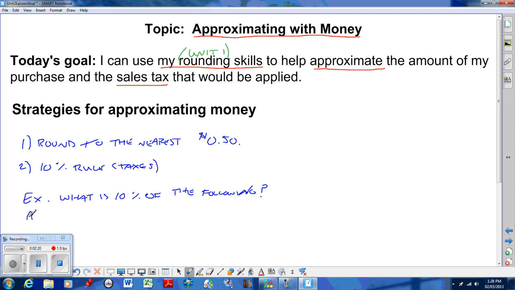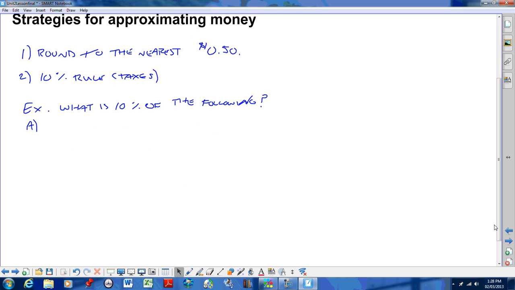The first one, we'll call it A. The 10% rule allows us to make an easy approximation. Let's start off with an easy amount. Let's start off with $100.